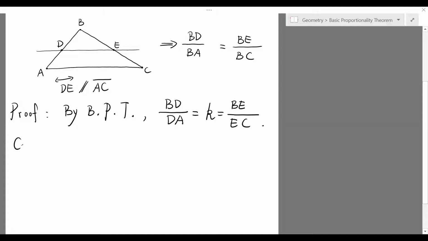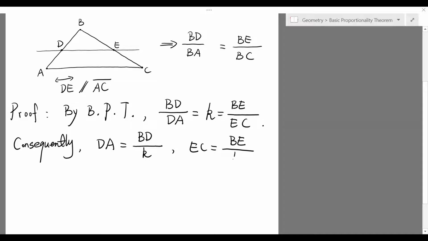As a consequence, we must have DA equal to BD divided by the scalar k, and EC equal to BE divided by the same number k.